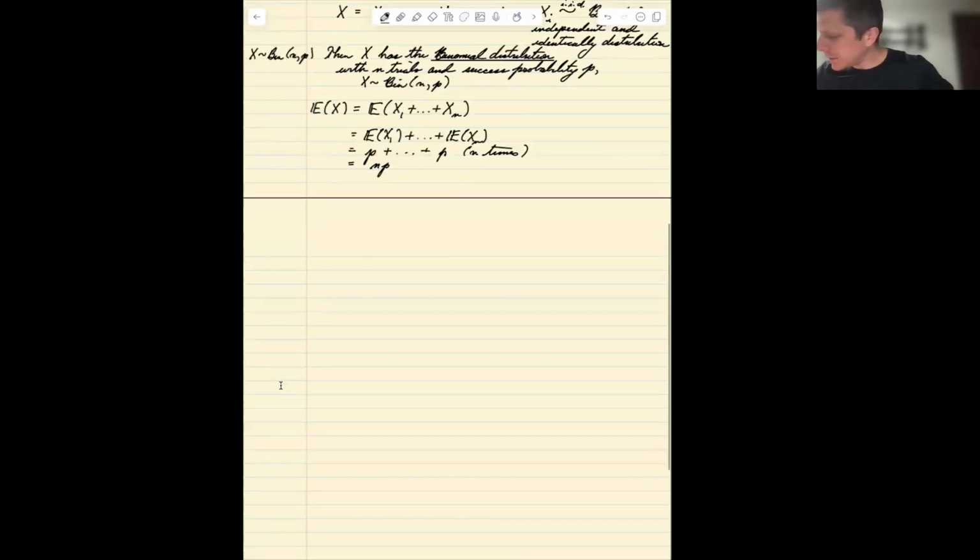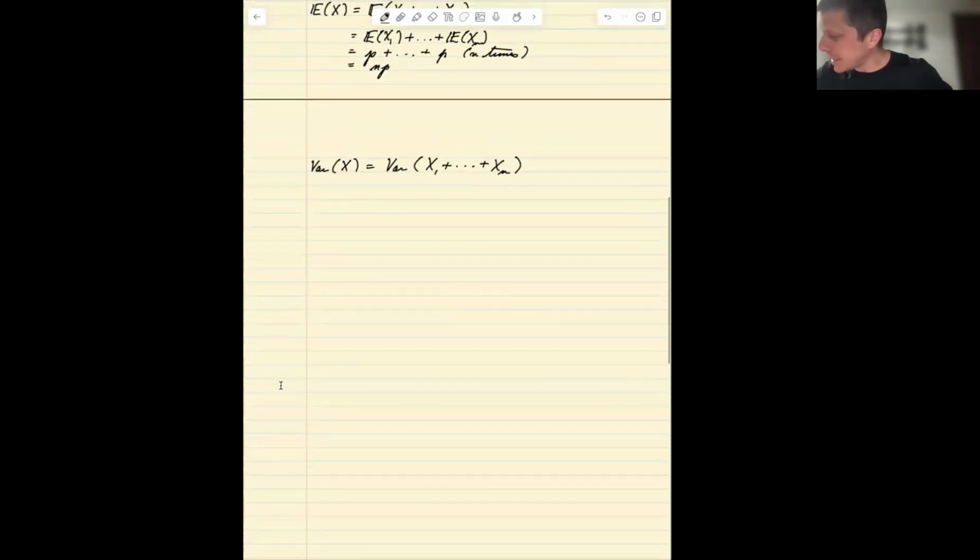And the variance of X, this is the variance of the sum of the X's. And we talked previously that the variance of a sum is the sum of the variances plus the sum of the pairwise covariances. But because of independence, this is actually just the sum of the variances, right?